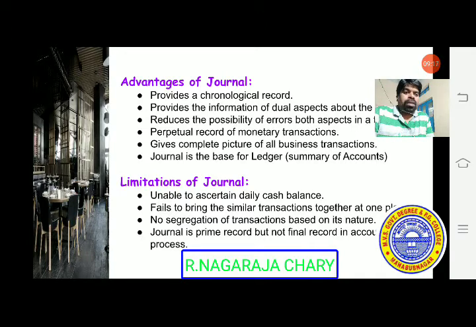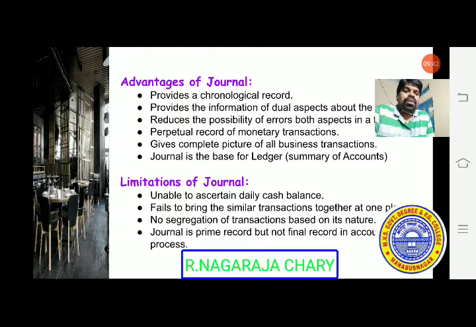But what about cash balance? Being a business entity, we have to know the cash balance daily, what is the closing balance, and what is the opening balance for the next day or present day. So what are the measures to know the cash balance in a journal?